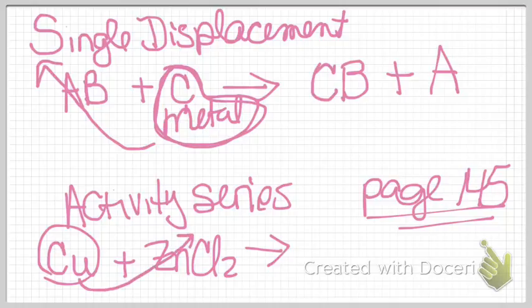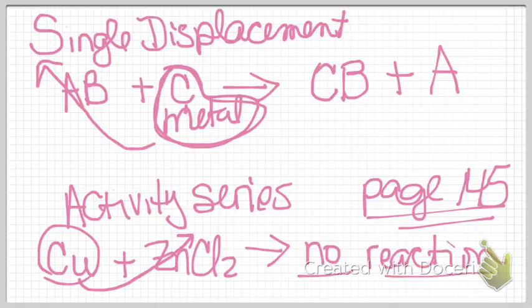But zinc is in the middle, and copper is very close to the bottom. So this one is not going to happen, because copper is lower down on the activity series than zinc. So you would write no reaction. Just like that. No reaction is going to take place.